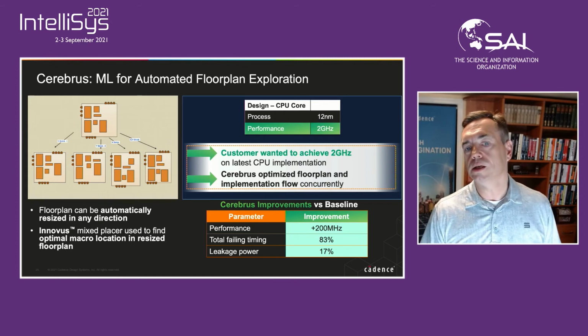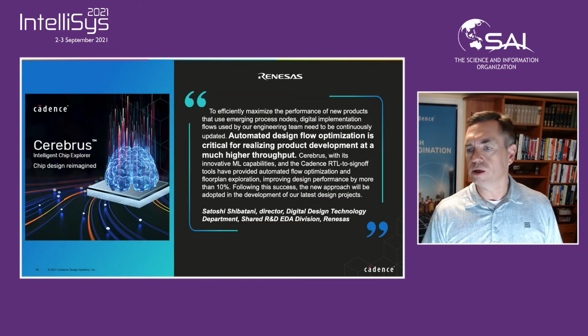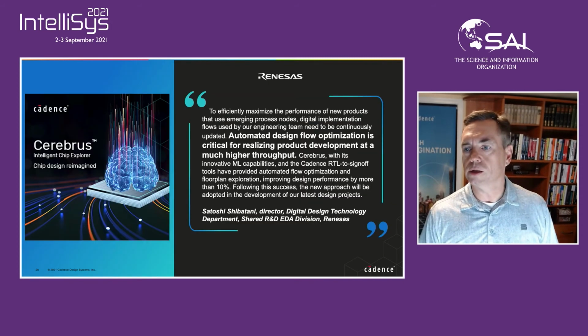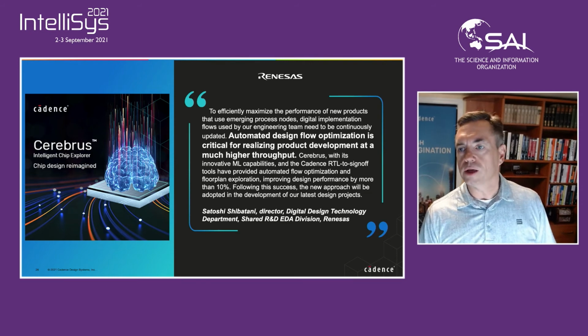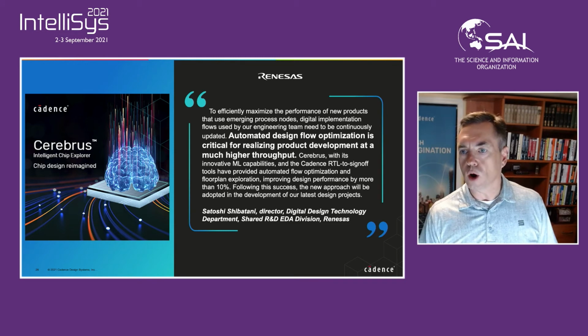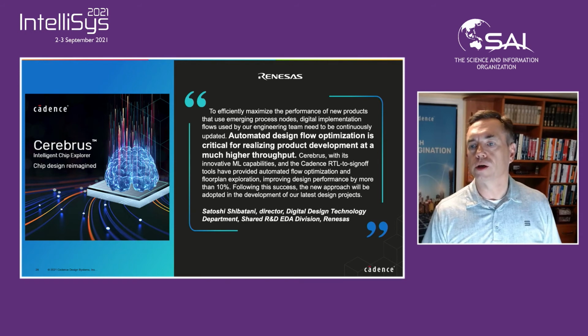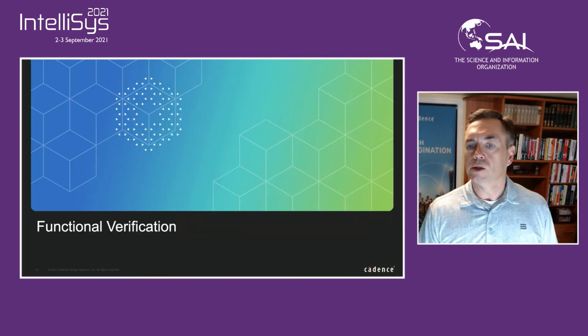You get the implementation optimizations I've mentioned here on the right-hand side. There are several customers. Here's an example from Renesas where they basically got a flow optimization, much higher throughput for their product development. So that's number one.